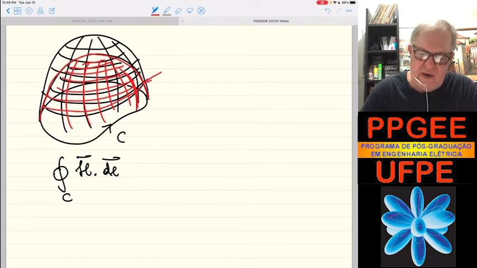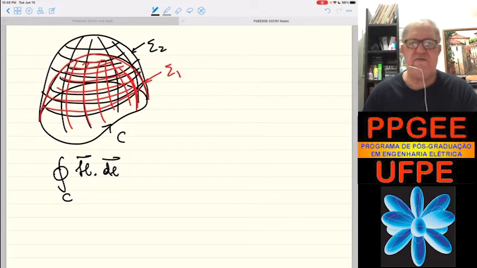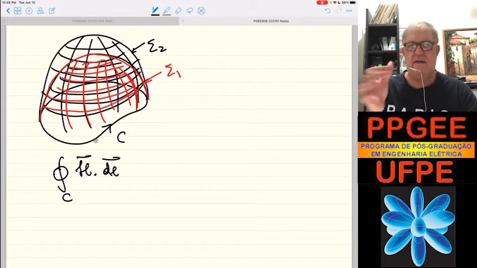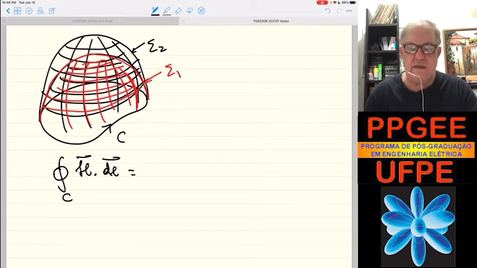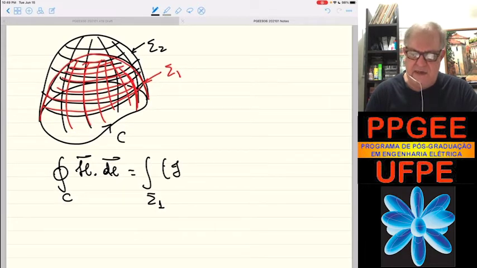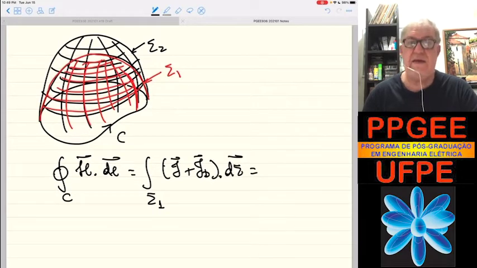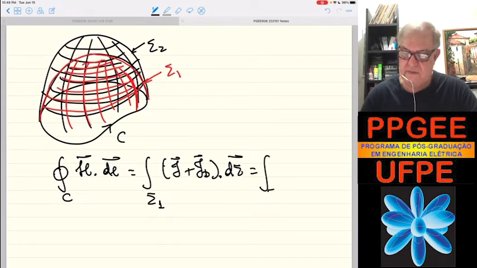One is sigma 1, and the other one, the black one, is sigma 2. So it means that the circulation of H around the path C equals the total current through sigma 1 of J plus JD, right? It must be the same through sigma 2.